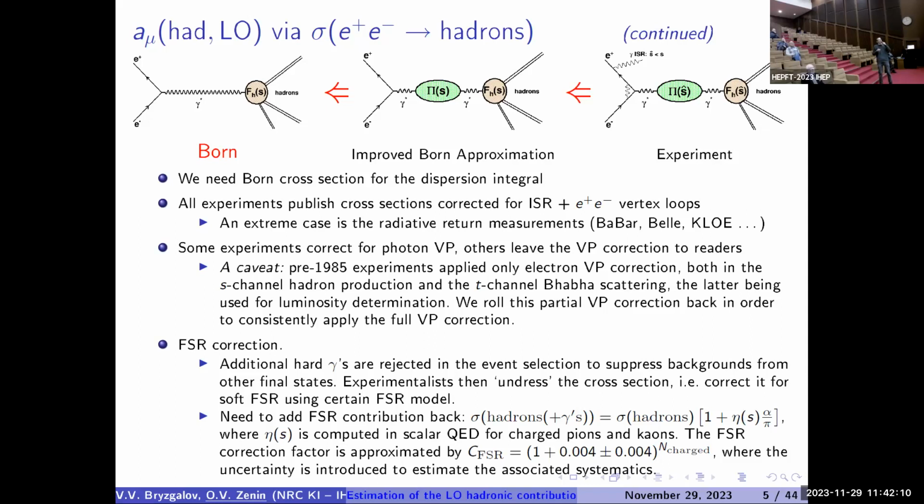Of course, there is initial state radiation from electrons. There are loop contributions at the e+e− vertex. There are vacuum polarization insertions in the photon propagator. Finally, there will be interference between initial state radiation of photons and final state radiation.